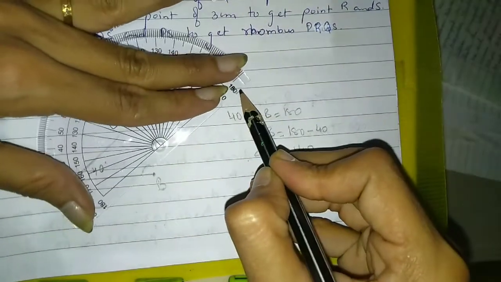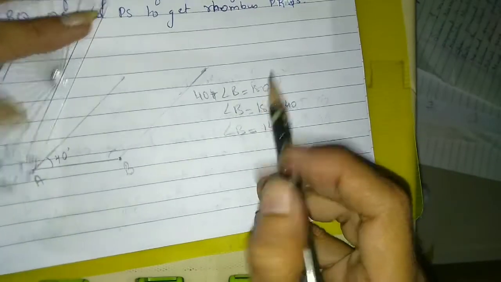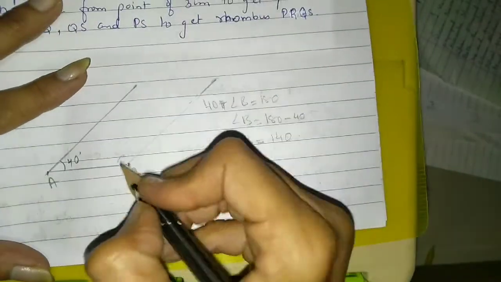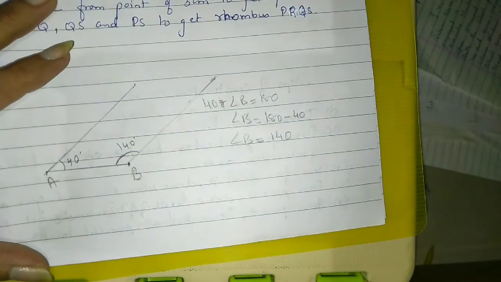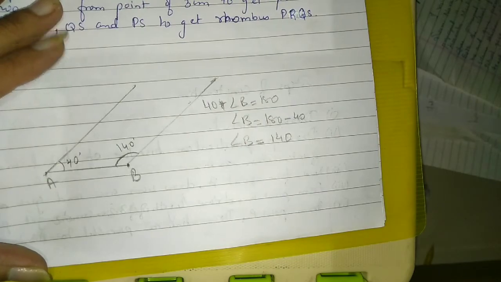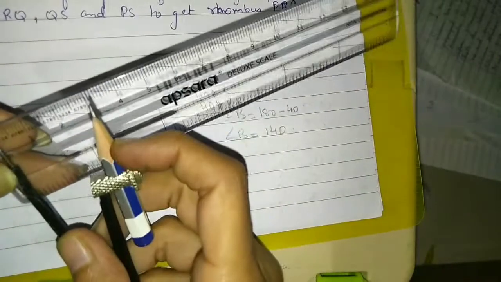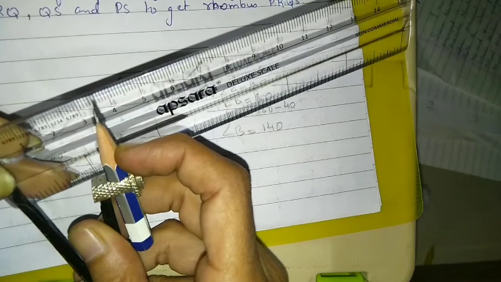I am connecting this point at B, 140. Now each side is 3.5. So this is 3.5, I am taking it on the rounder.